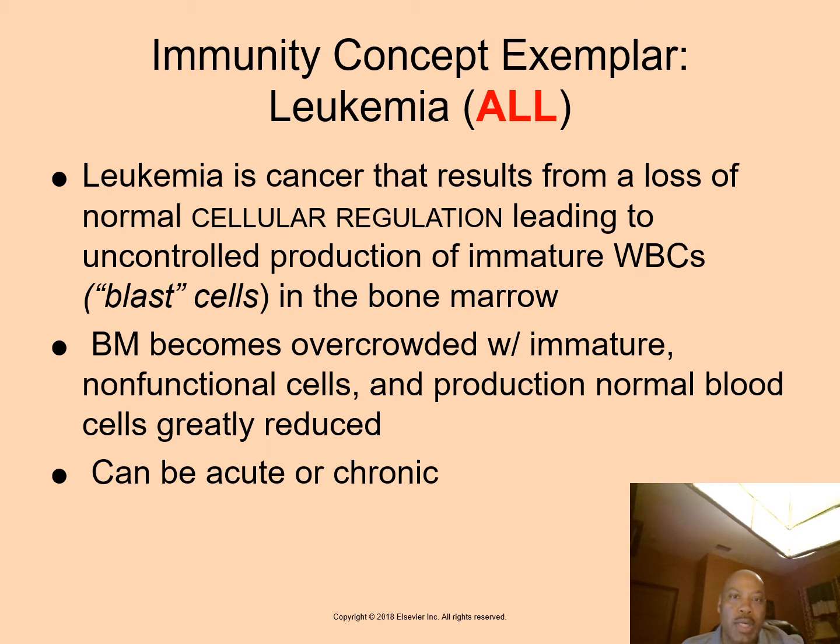That would refer to an increase in number. And here we're talking about a low count. These white blood cells are immature and abnormal, and as I said, they're known as blast cells. They become significant in number, and they do not provide the protection against infection that white blood cells are supposed to.